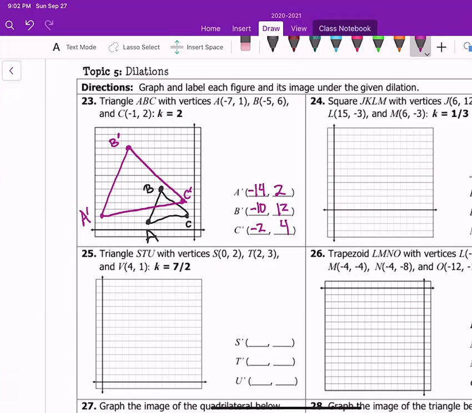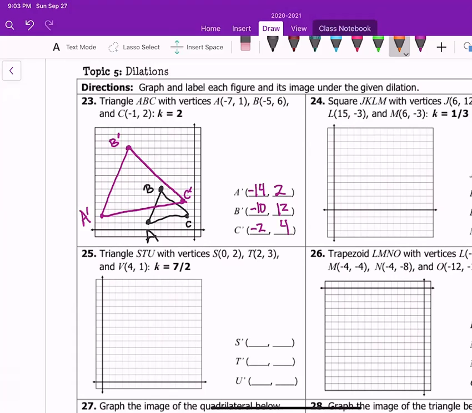So here, let's do burnt orange, go Longhorns, right? So 6 divided by 3 is just going to be 2. 12 divided by 3 is going to be 4, right? 15 divided by 3 is just 5. 12 divided by 3 is 4.